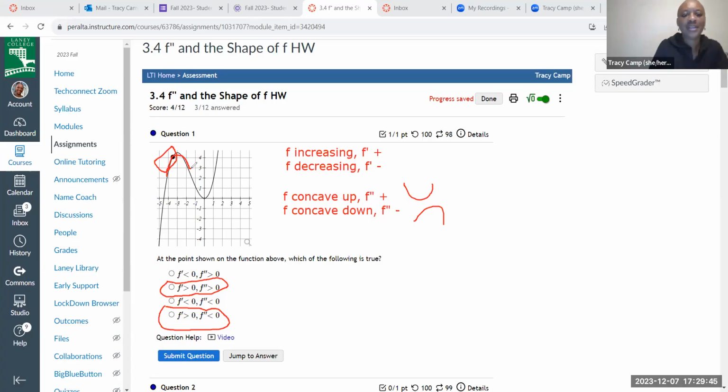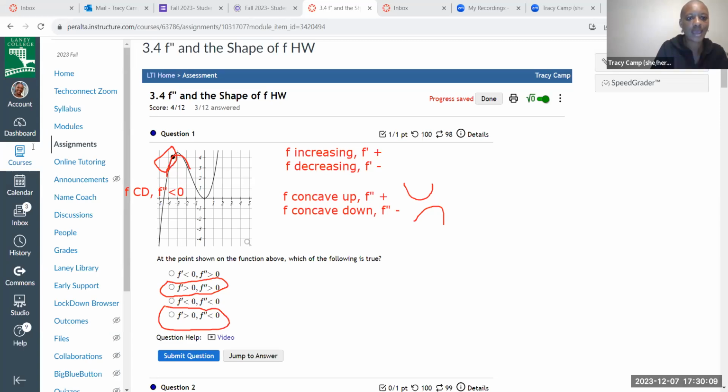which means, since it's concave down, f concave down means that f double prime is negative, and we write that by saying less than 0. So the one that has f double prime less than 0 is our answer.